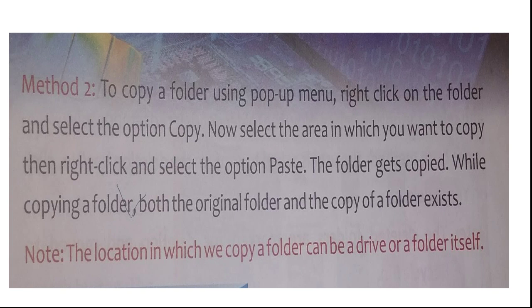As soon as I do this, my folder would be copied. Then go to the desired location, give a right click there, and there would be an option called paste. The folder gets copied. While copying a folder, both the original folder and the copy of the folder exist.